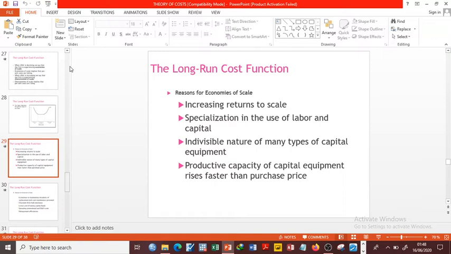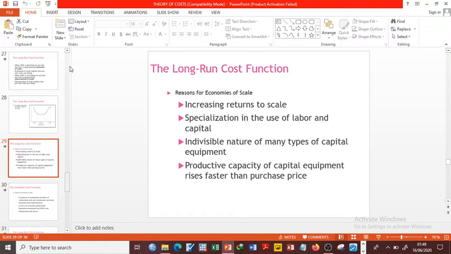And then productive capacity of capital equipment rises faster than purchase price. The productive capacity of capital equipment, for example a photocopying machine, depends on how many print jobs it can do in the shortest time possible, compared to an old printer that takes long, that eats up the paper, that is always faulty.